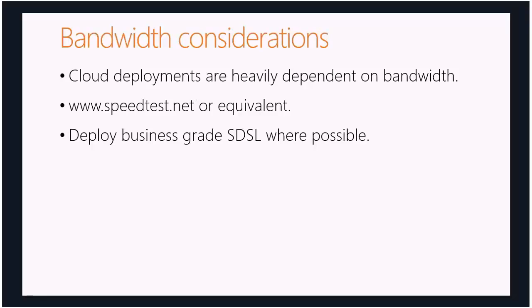This means that you need to look at deploying a business grade synchronous DSL line where possible. Synchronous gives us the same speed up to the internet as down to the internet. So if you are specifically working with clients who have a heavy dependency on documents, looking to download documents, update documents, work especially with something like SharePoint or OneDrive Online, ADSL is probably going to struggle, given its limitation of upspeed.